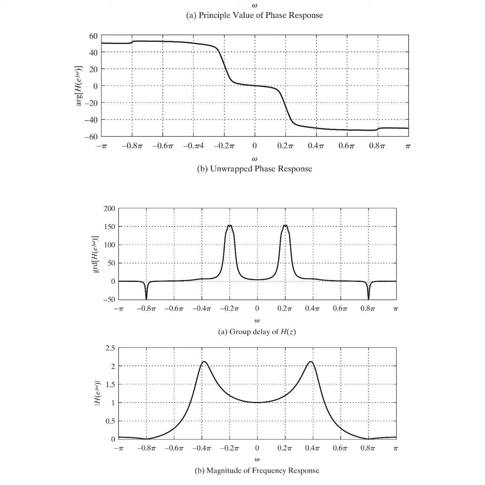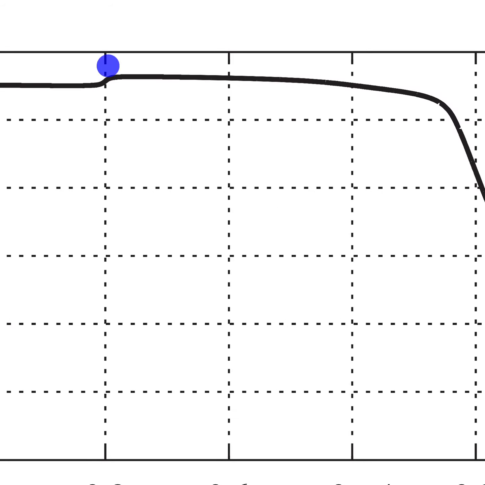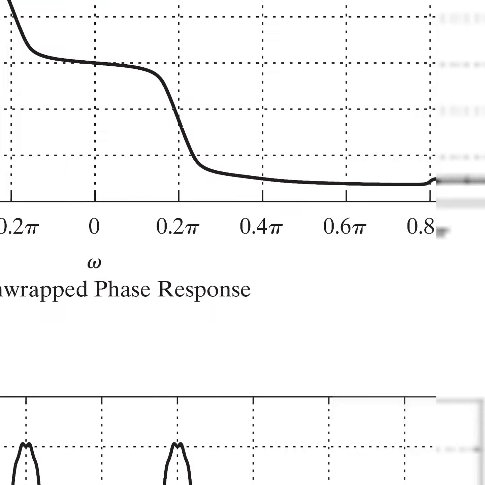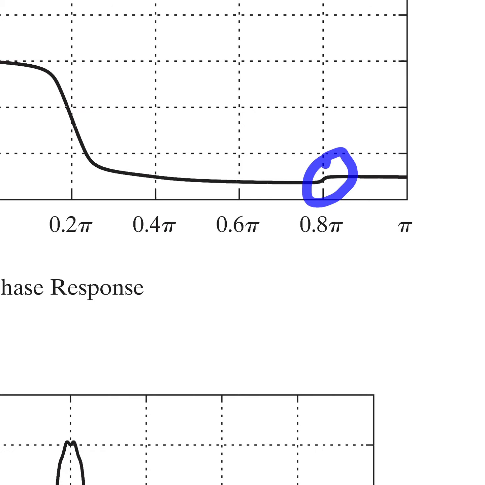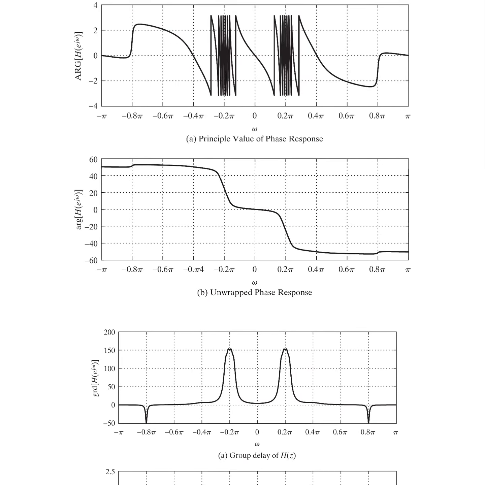Observe that the unwrapped phase is always monotonically decreasing except at around 0.8 pi and minus 0.8 pi. If I zoom in, you see it is not monotonically decreasing here. Similarly, the same behavior occurs at positive 0.8 pi. Otherwise, at all frequencies, it is monotonically decreasing.